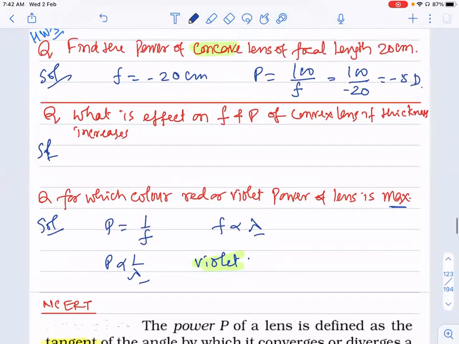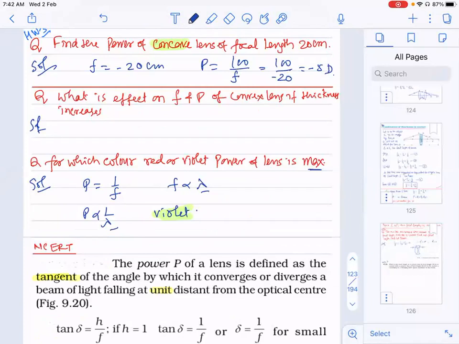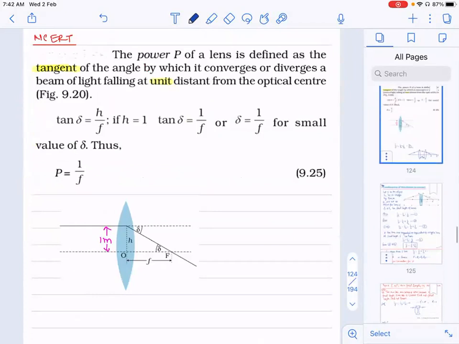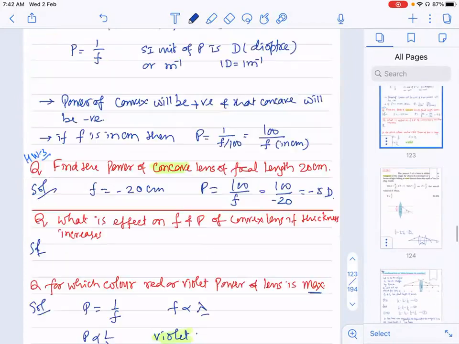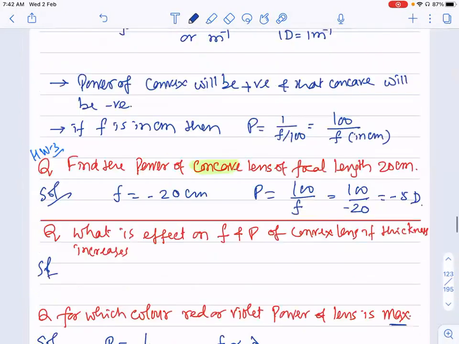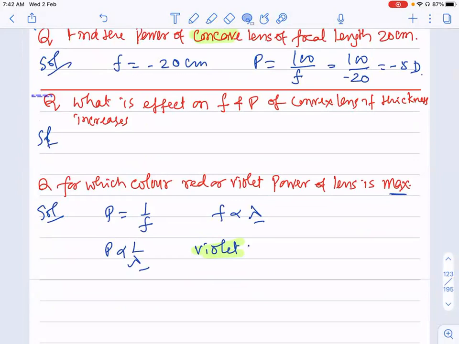Just let me make the more space here. All right, let me bring the question here on the fresh page.